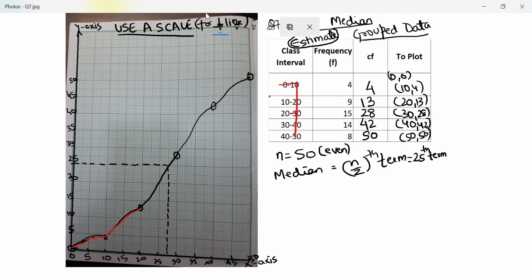So where did I start from? Wherever I start from, I start an arrow from there. I started from here, the 25th frequency, and I reached here. Let's count this. This is the middle of 25 and 30, so it is exactly 27.5.